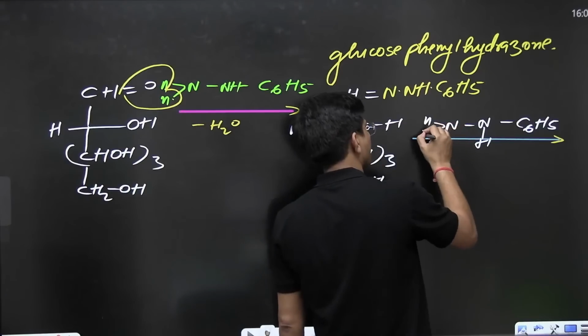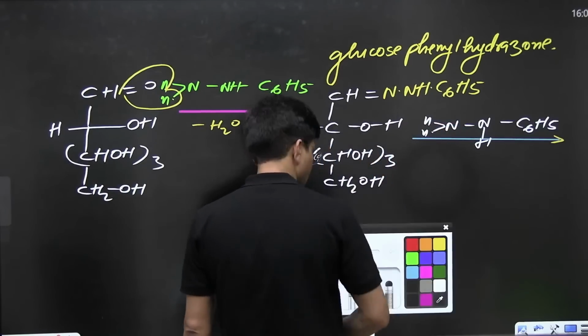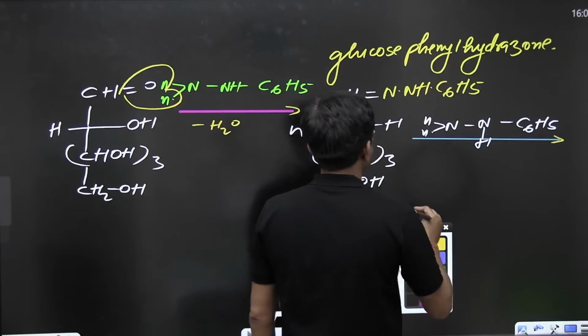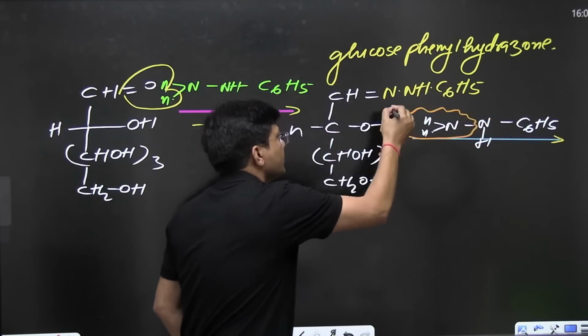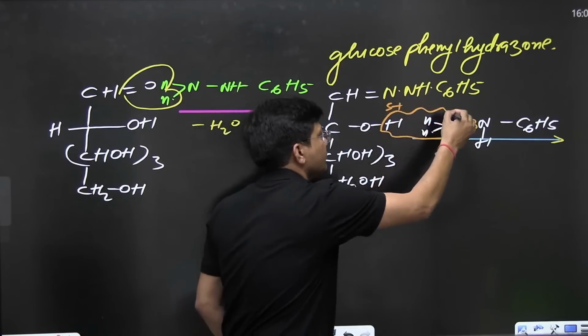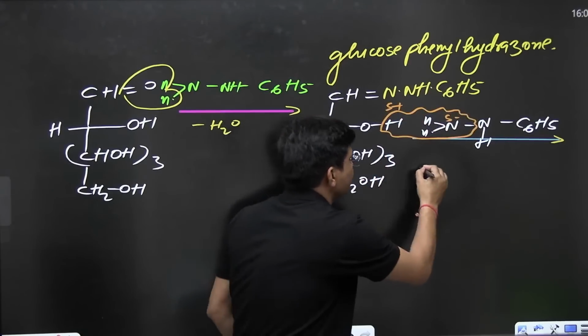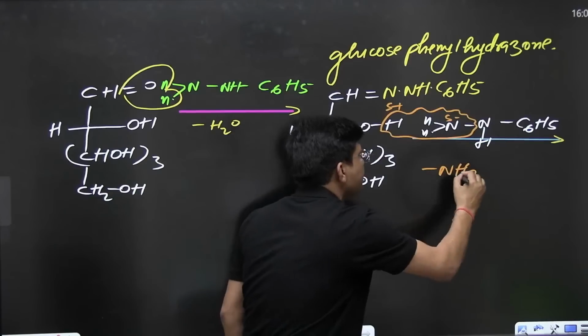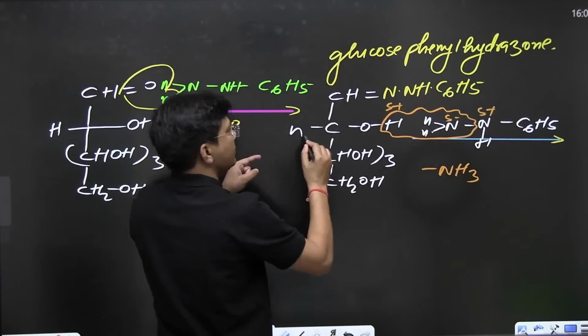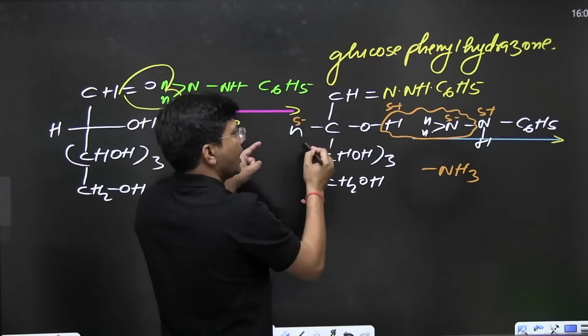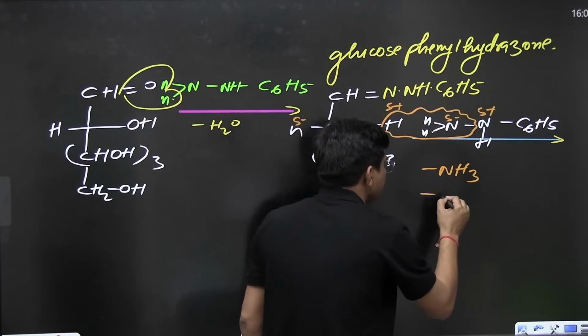Let's see what is going to happen. It is going to react with this hydrogen, it will form ammonia. This H plus will eliminate, this nitrogen negative will eliminate, it is going to form ammonia. And now this nitrogen positive will react with this hydrogen negative and this will form aniline.